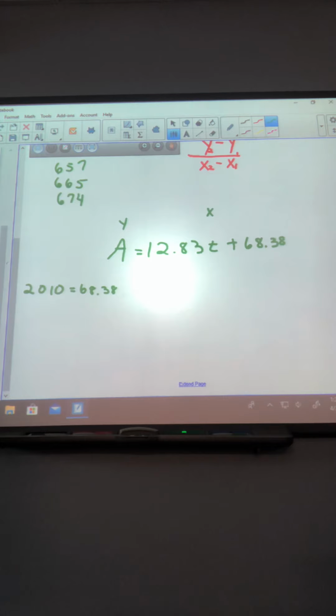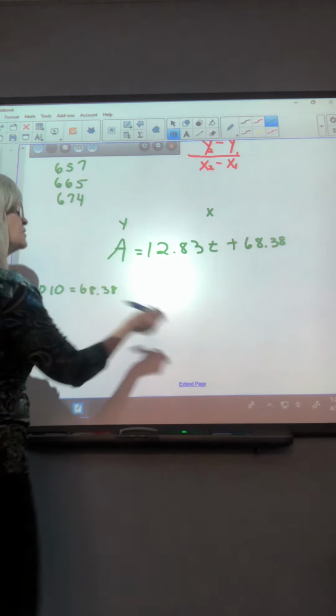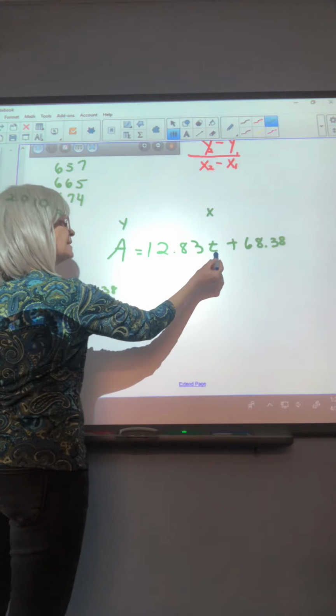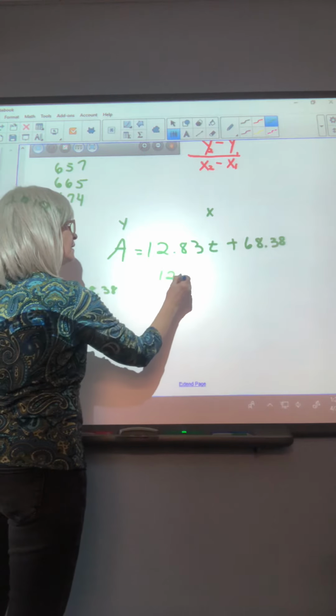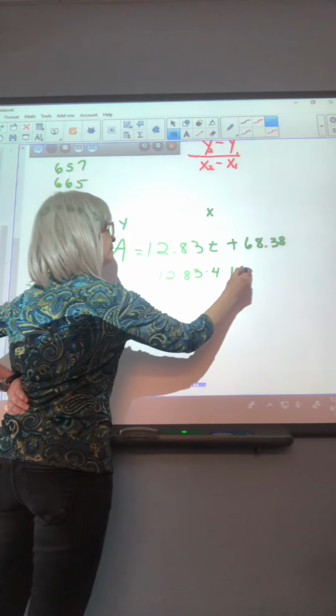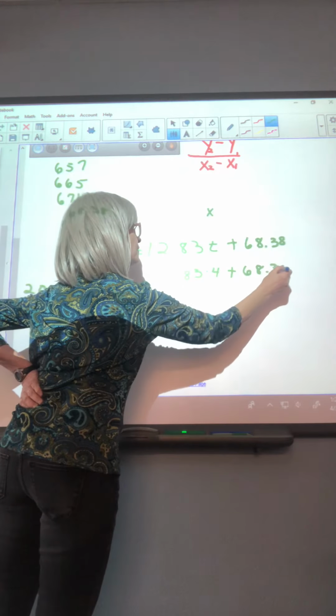Now it says 2014. If you look at your graph for 2014, you can see that 2014 is 4 years from 2010. And so the T is going to be a 4. So it'd be times 4, and then plus the 68.38.